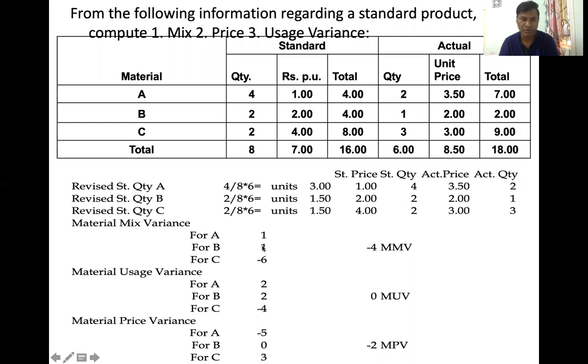These are all positive ones, the first one and the second one. Let's come to C. Revised standard quantity of C is 1.5, minus actual quantity 3.